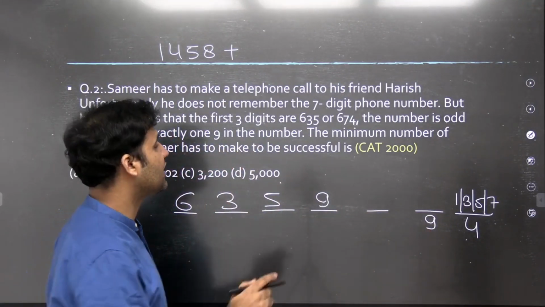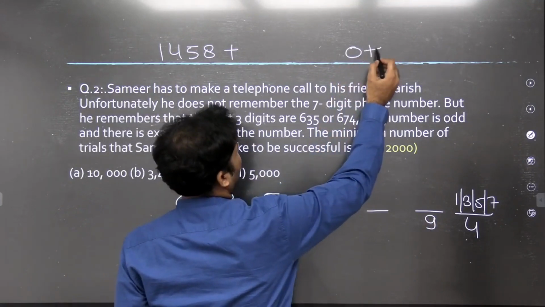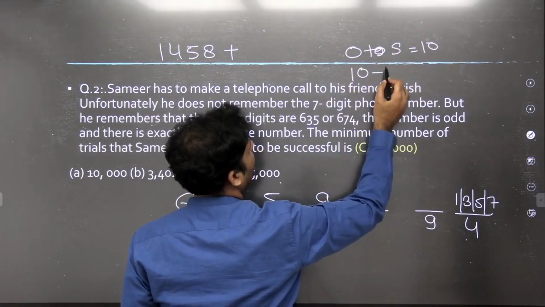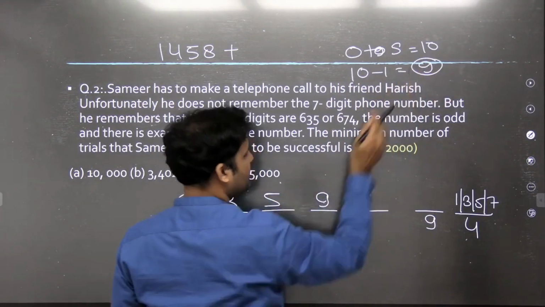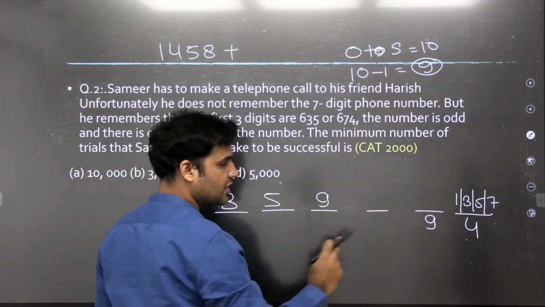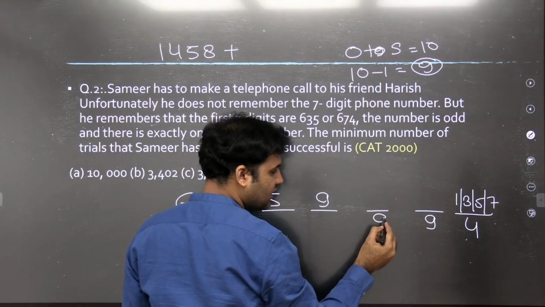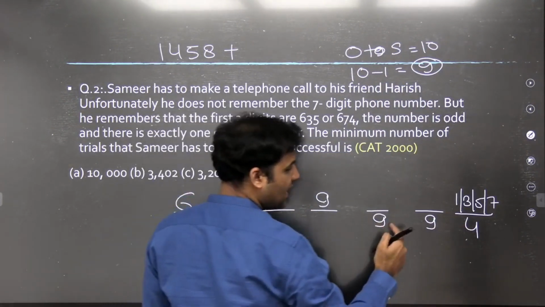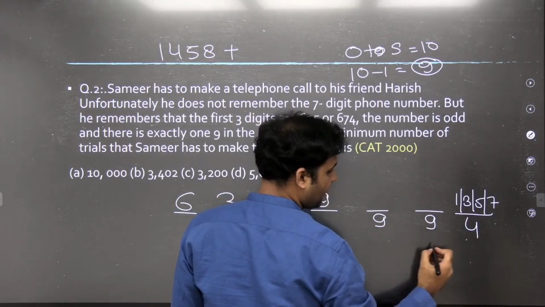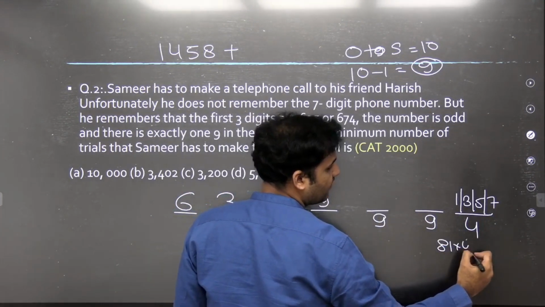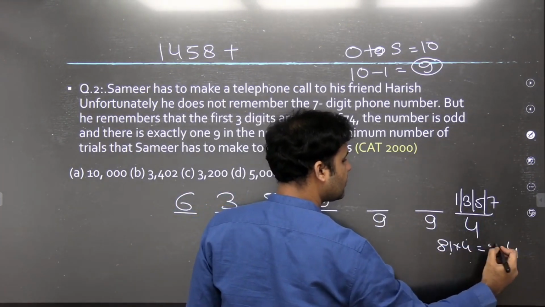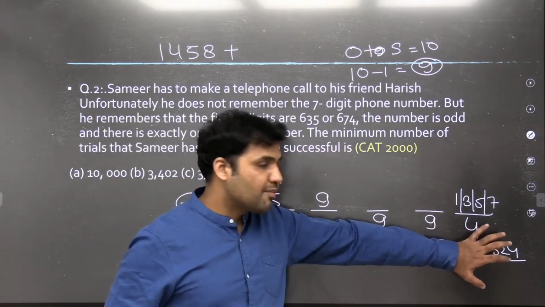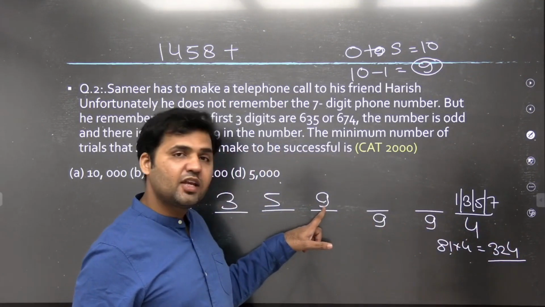So again the same case, out of 0 to 9 we have 10 digits, and now one number 9 has been used over here, so we are left with 9 more digits. So this place can be filled in 9 ways, this place can be filled in 9 ways. So how many numbers will you get now? 9 into 9, 81. 81 into 4, which is 324. But this is the number of trials when we are placing 9 over here.